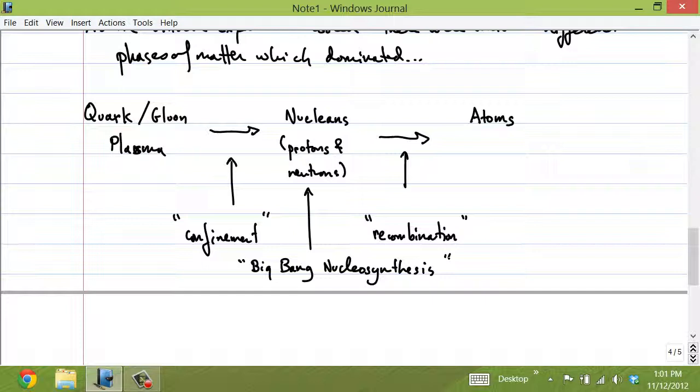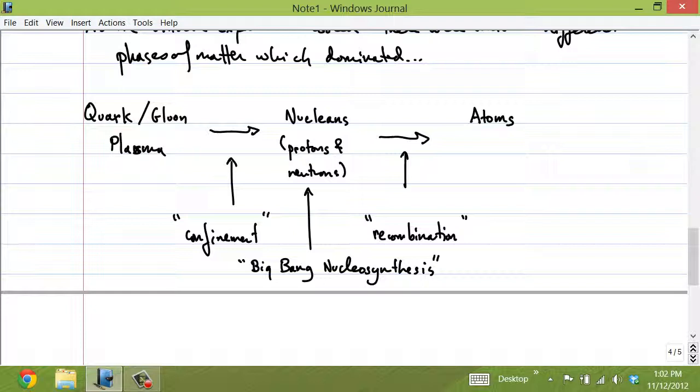So when people talk about the Big Bang, this is the model that they're talking about. And indeed, much of what we know about the theory of nuclear matter actually comes from our study of this phase of the universe known as Big Bang nucleosynthesis.